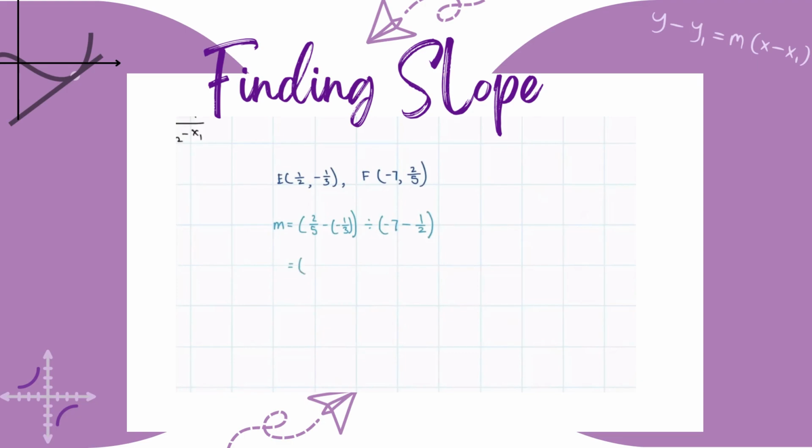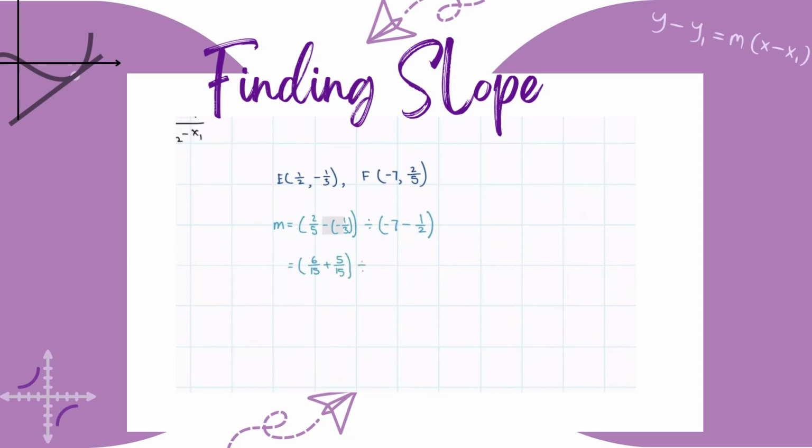So multiply the first fraction's numerator and denominator by 3. That becomes 6 over 15. Then because of the negative and the negative, that changes into positive, and we multiply the numerator and denominator by 5. So that's going to be 5 over 15.